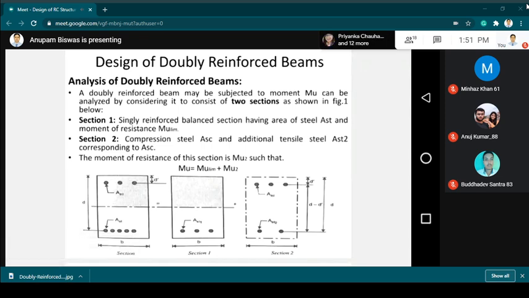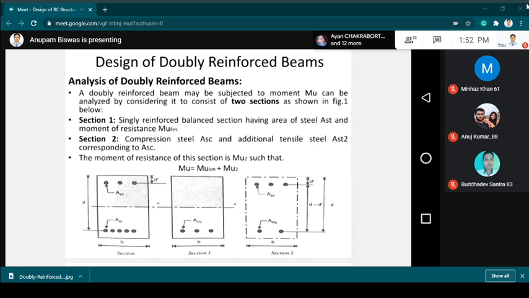So actually what is a doubly reinforced beam? It is the combination of this singly reinforced beam with reinforcement in the compression zone also, that is Asc, area of steel in compression zone.